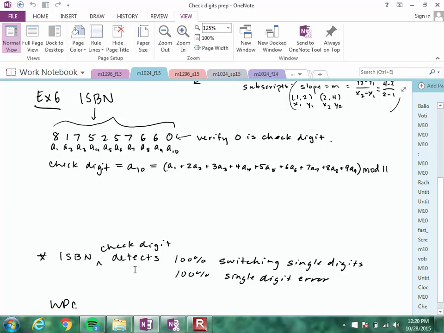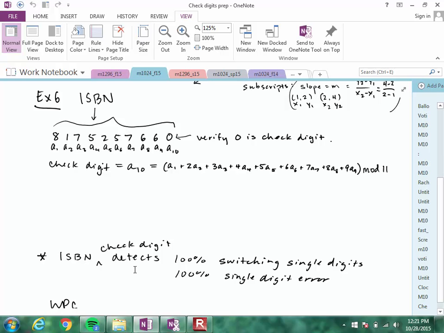You could do it very similar to the problems before this, 14 through 16. Good. Do the exact same thing with the first 9 digits, and then see if it matches the last digit, which is the A sub 10. Perfect. Does that make sense? So those are the two types of questions I could ask you to do. The work involved is pretty much the same. It's just the conclusion, you tweak it to the problem.